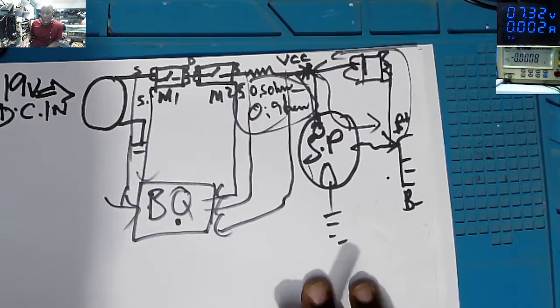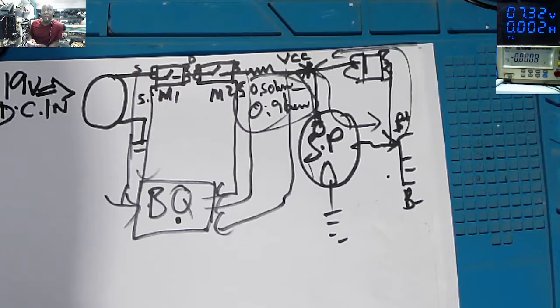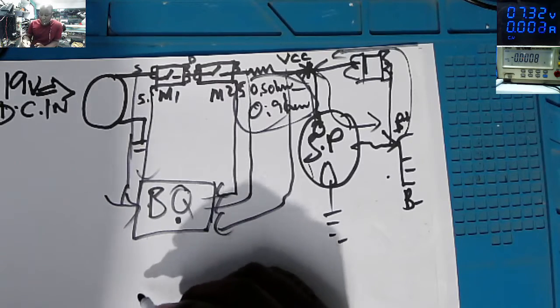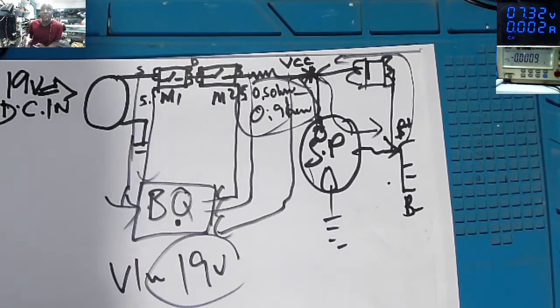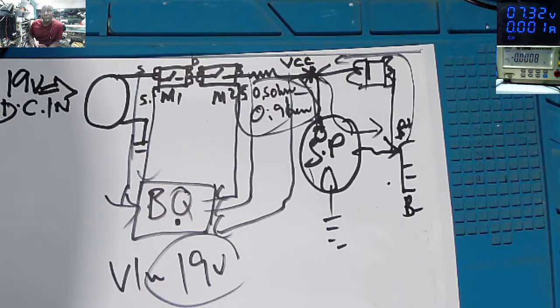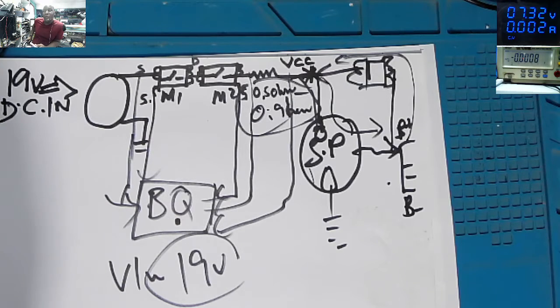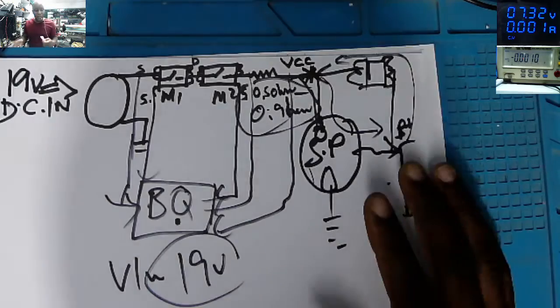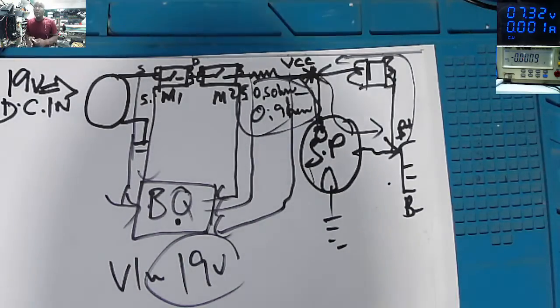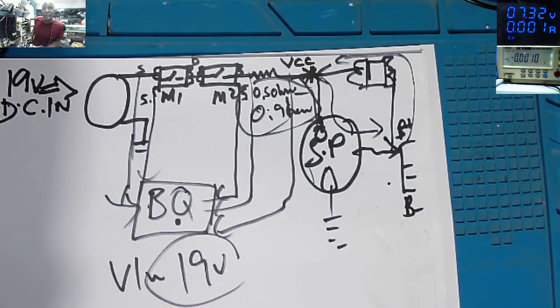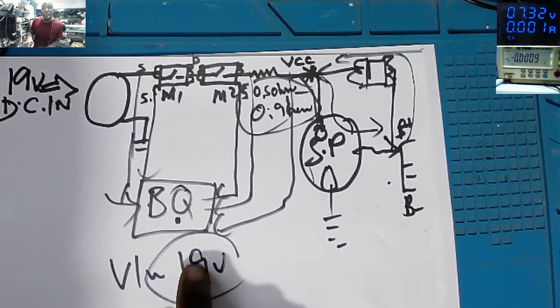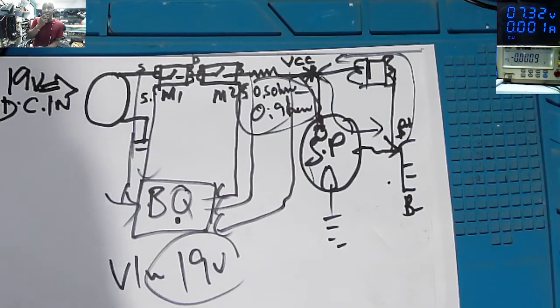On the BQ chip, what we are checking is the V in. You must have 19 volts going to this chip. If you have 19 volts going to the chip, what is the next step? The next step is to check if this chip has voltage on pin number 6, the AC detect pin.